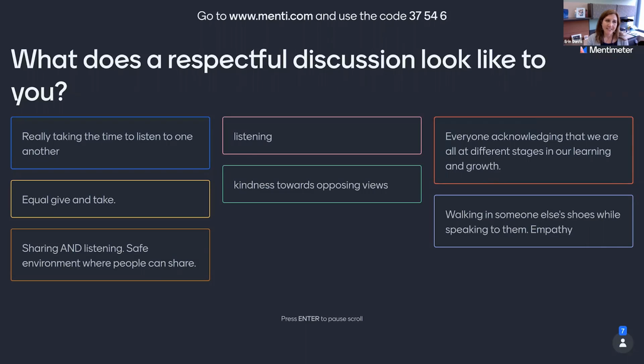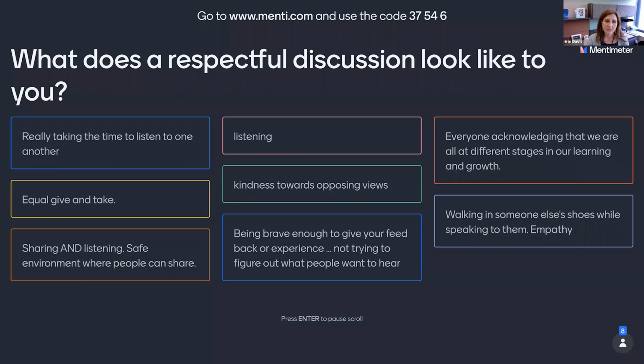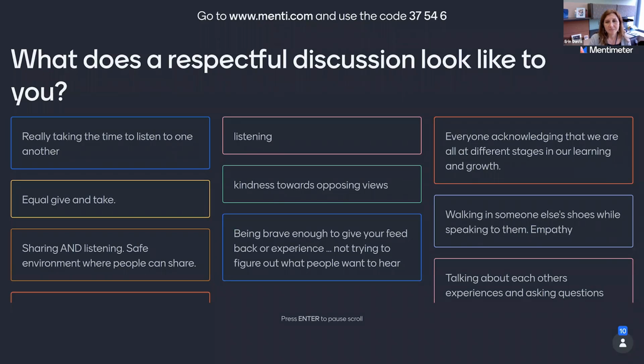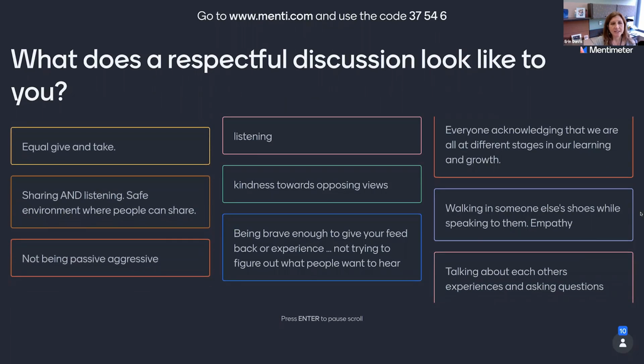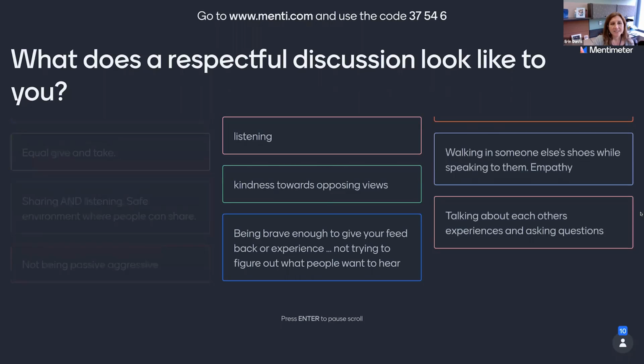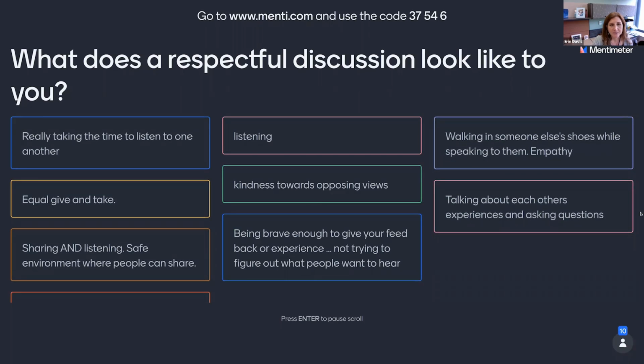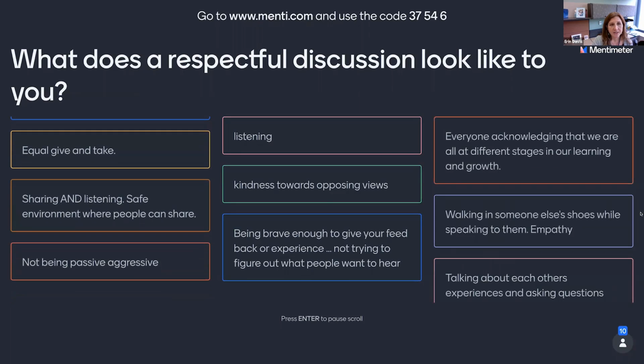Sharing and listening, a safe environment where people can share. I love these. Being brave enough to give your feedback or experience, but not trying to figure out what people want to hear. I love that. Talking about each other's experiences and asking questions. Yes, not being passive aggressive, maybe not having an agenda.